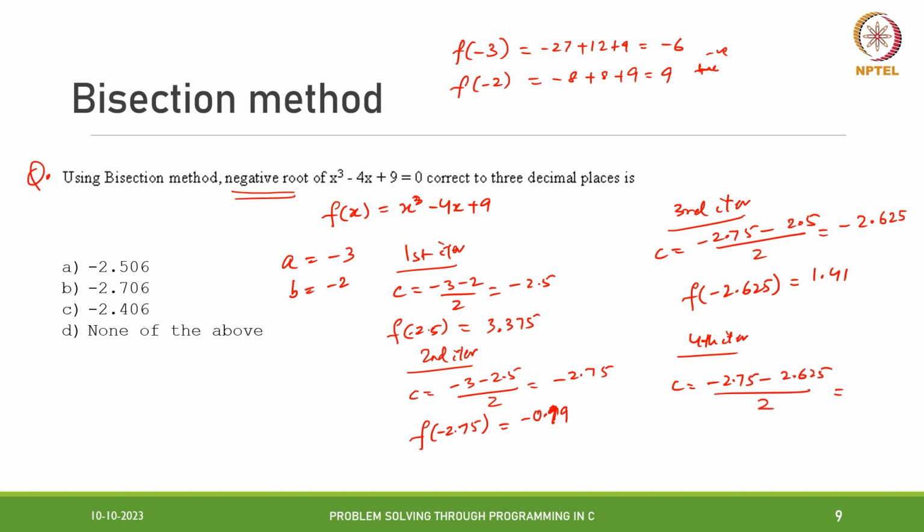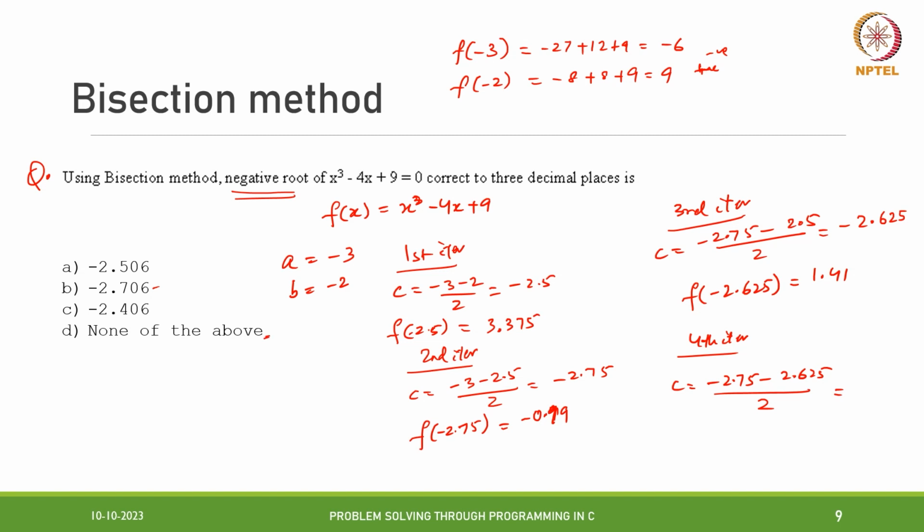We'll take the bisection of this. So yeah, here you can see that there is the none of the above option, so you have to do this until it actually gets to one of these values. But the only option that could fit here would be this, right? Because this is within the range of minus 2.75 to minus 2.625.